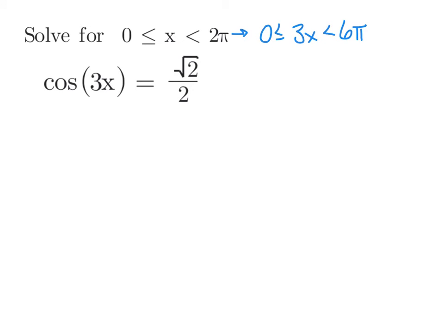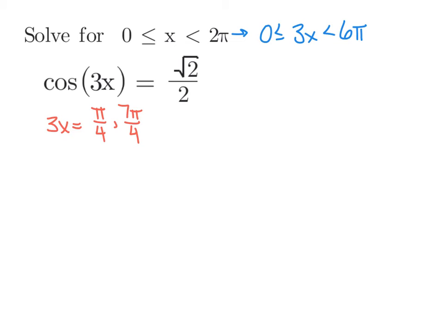So we're going to have to take 3 trips around the circle now to find our solutions. So cosine of 3x is equal to root 2 over 2 means that 3x would have to be pi over 4 or 7 pi over 4.